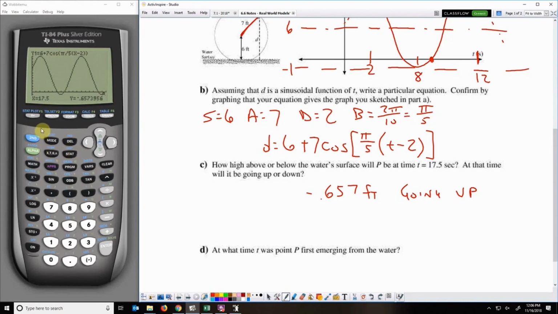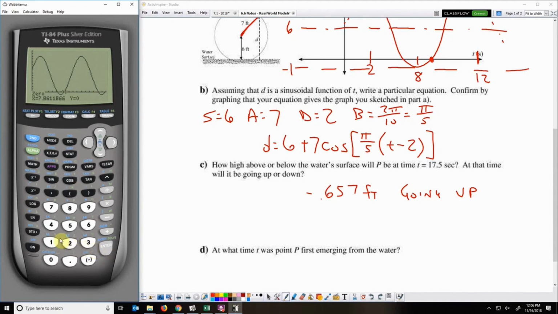So we'll calculate a 0, so when it's crossing the x-axis. And we want that 0 to be where it's first emerging from the water. So left boundary there, right boundary there.